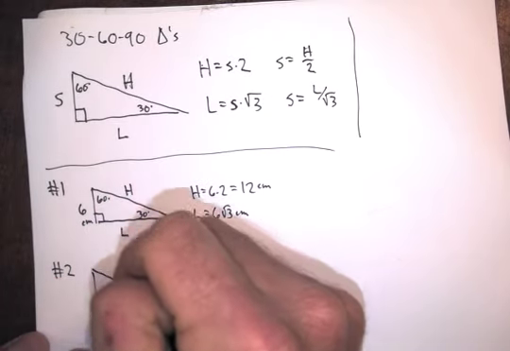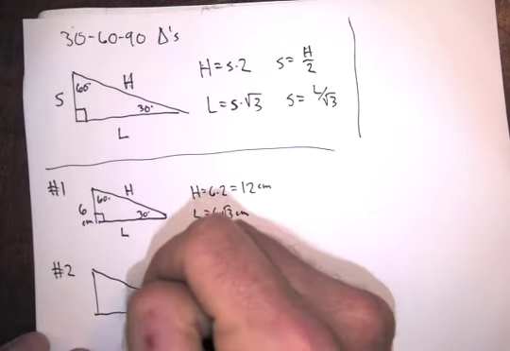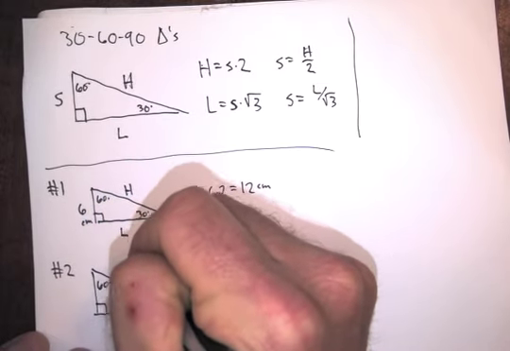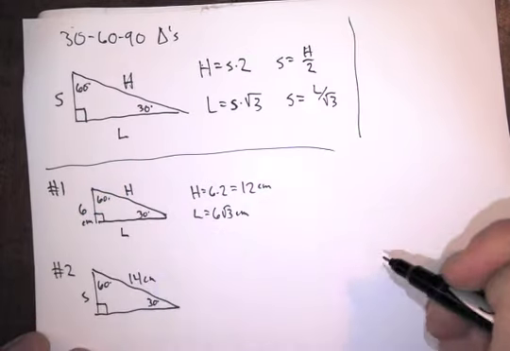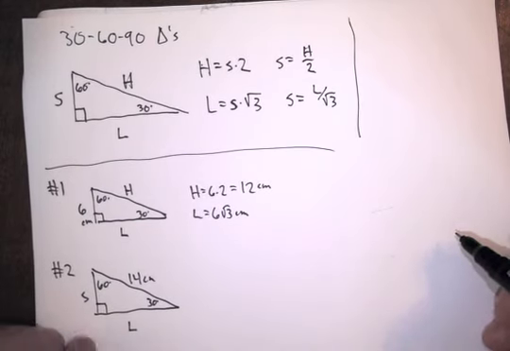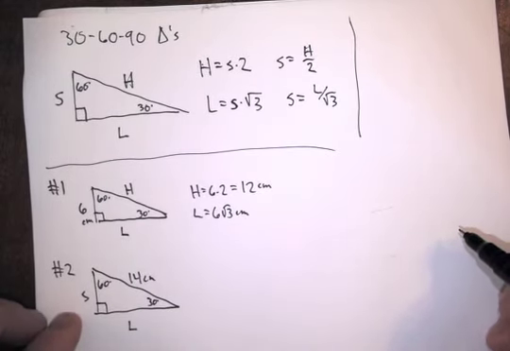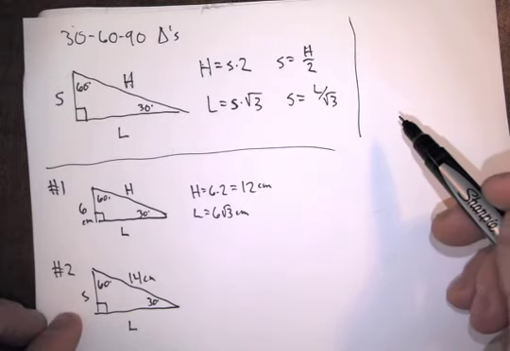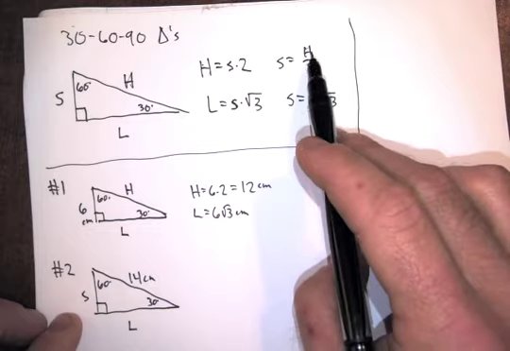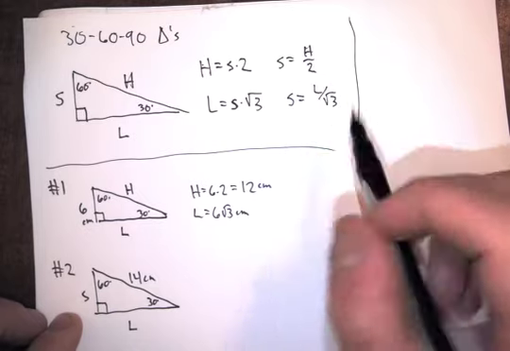A little tougher is what if they give you the hypotenuse? They'll say hypotenuse is 14. Find the other 2 sides. S is here, L is here. Okay, we got to work backwards. We know H, we just don't know the other side, so we need to use this equation here.